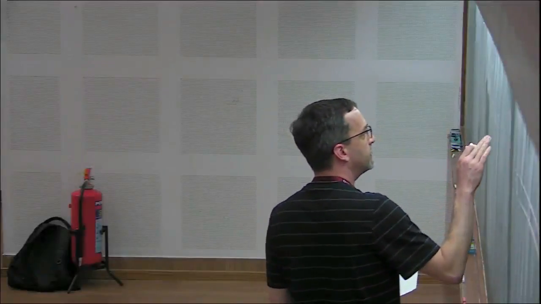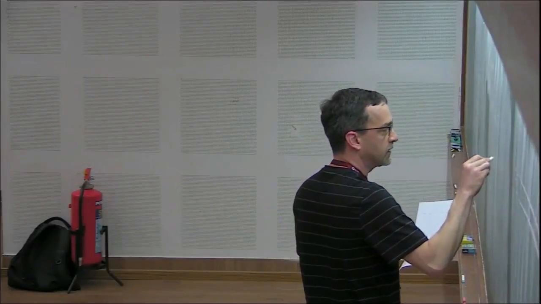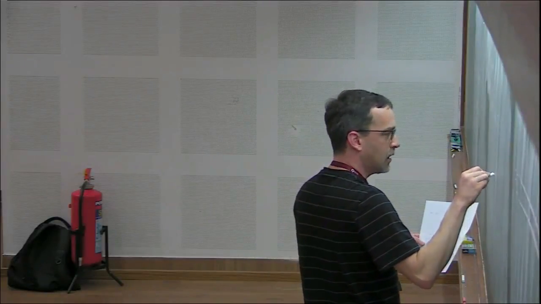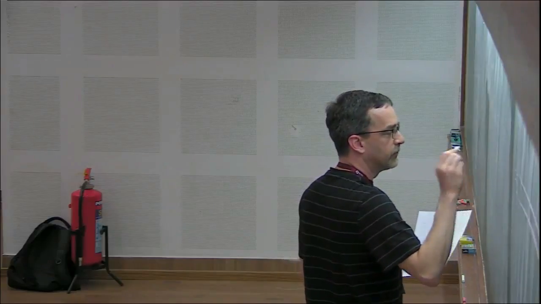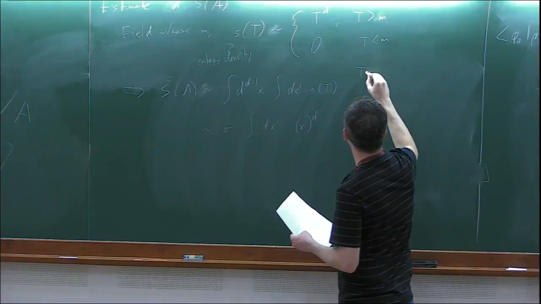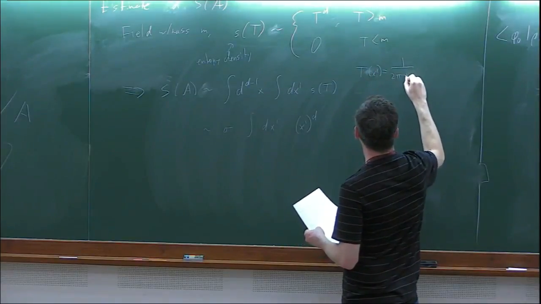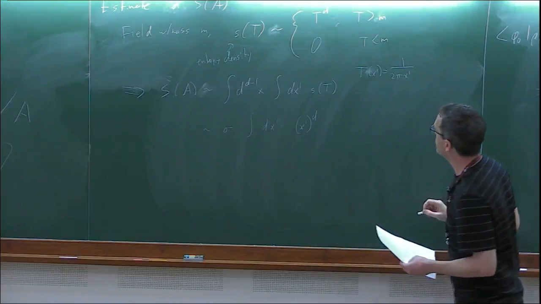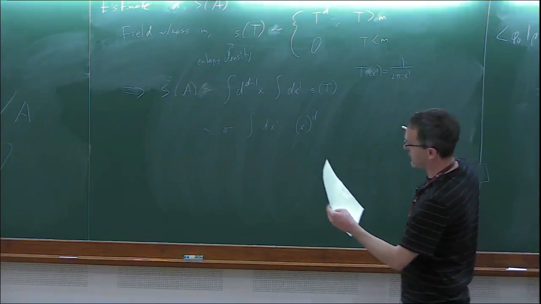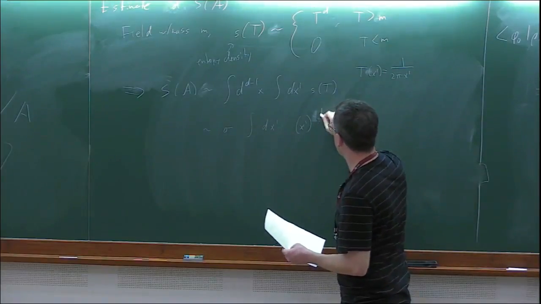But now you see, a priori what I want to integrate is x1 to the d, dx1, because my temperature as a function of x1 is 1 over 2 pi x1, and I'm dropping the 2 pi's. Oh, minus d.